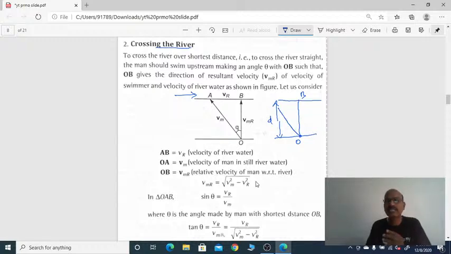So to cross the river straight, the man should swim upstream.